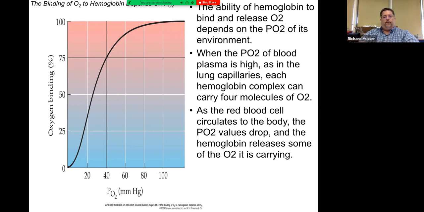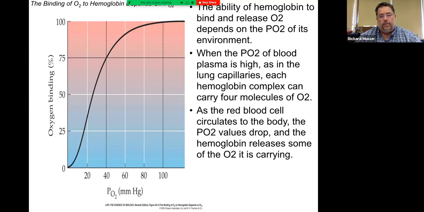So if you look at this graph here, you can see when the amount of oxygen that's dissolved in the blood plasma, the watery portion, is high, the hemoglobin holds on to it tightly. That's what you see with the graph. The hemoglobin's holding on to it 100%. And if the oxygen dissolves down to around 60% in the blood plasma, the hemoglobin is still holding around 90%.